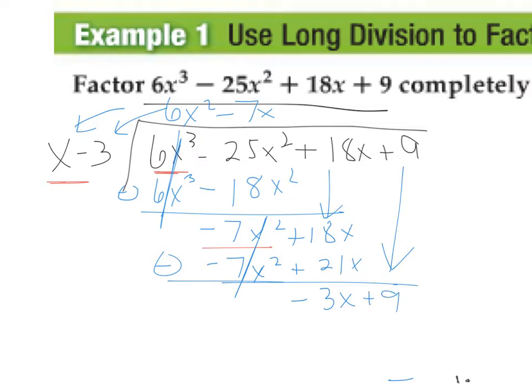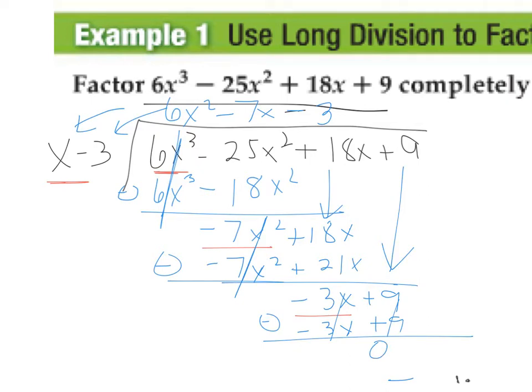And then what would I multiply x by to get negative 3x? It would be negative 3. And I have to distribute again, multiply by everything, would be negative 3x plus 9. And when you subtract, this time both terms will cancel and you end up with a remainder of 0.